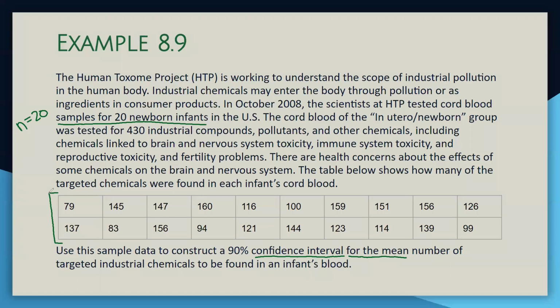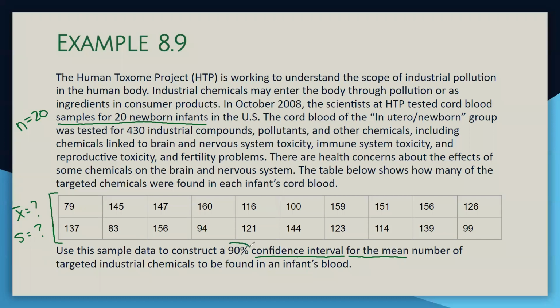So this table down here is the raw data from 20 newborn infants, meaning I don't know what my sample mean is. I'm not given a population standard deviation, and I'm not explicitly given a sample standard deviation. The lack of the population standard deviation tells me that I should be using a t interval.